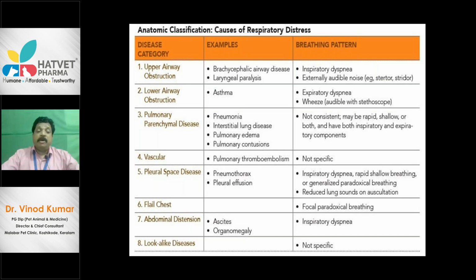Then if it is a pulmonary parenchymal disease, such as pneumonitis or pneumonia. Pneumonitis means interstitial lung disease. So in pneumonia, interstitial lung disease, in pulmonary edema, and in pulmonary contusions. Pulmonary contusion means whenever there is a motor car accident, a car runs very fast and hits the dog.